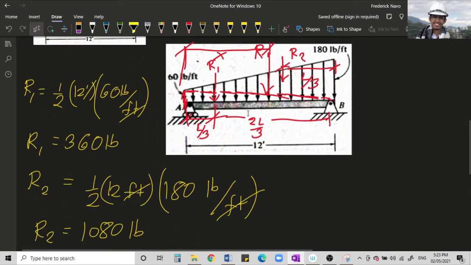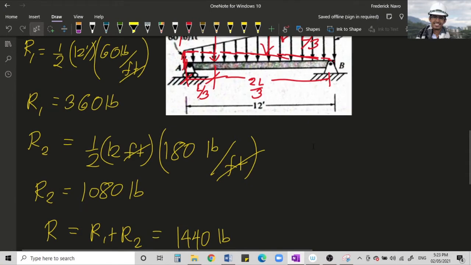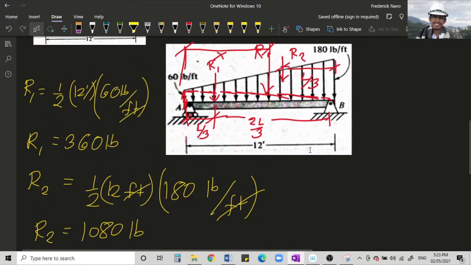So that will be summation. So yung moment nung resultant R natin at point A is equal siya dun sa summation moment nung uniformly distributed loading natin at point A. So, pwedeng i-moment natin na lang yung R1 and R2, yung resultant na dalawa.